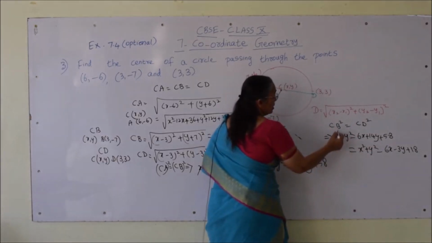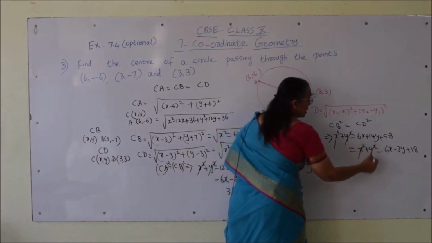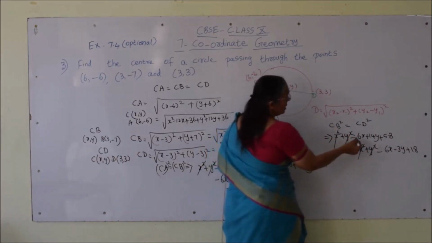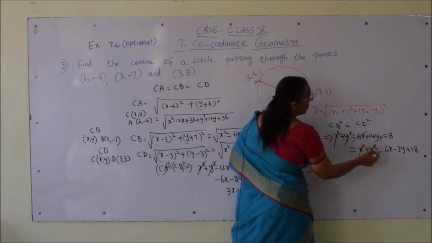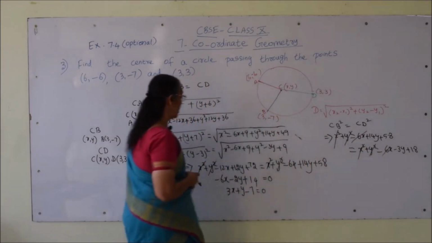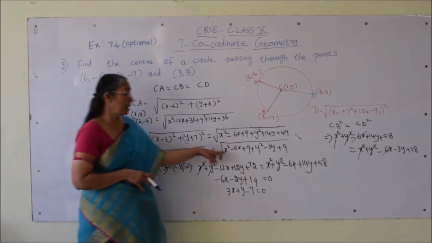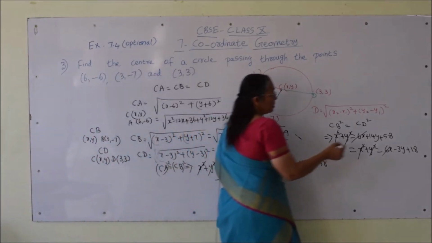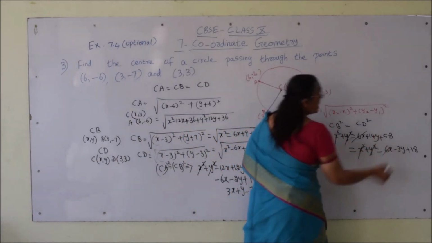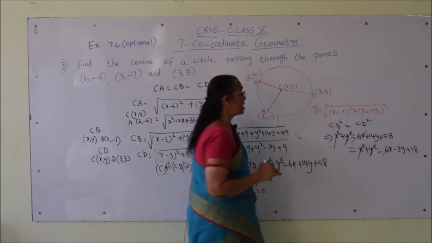Now, even in this the second degree terms will get cancelled, and minus 6x is there on both sides, so minus 6x also gets cancelled. So, we are getting only a linear equation in one variable y.